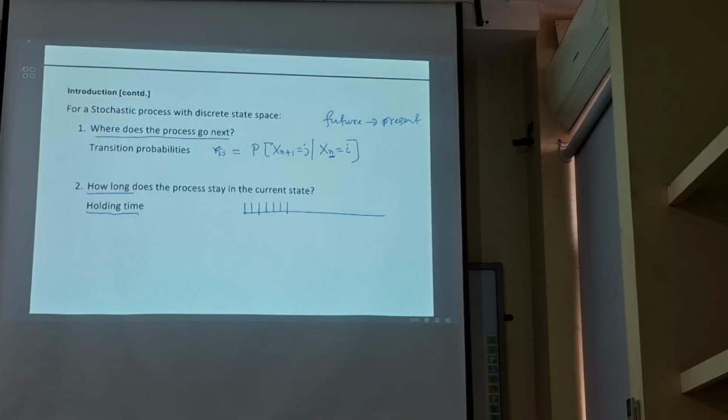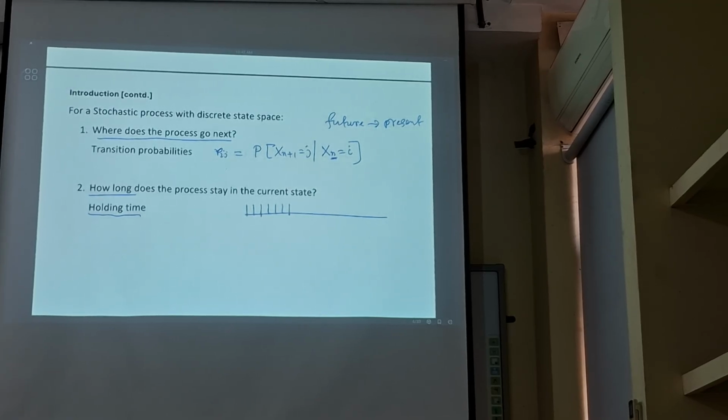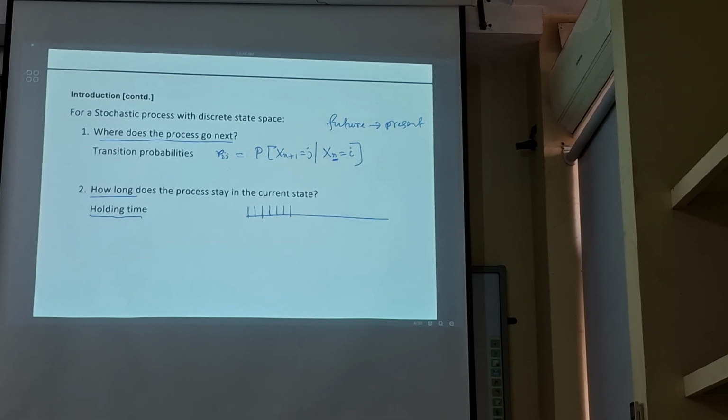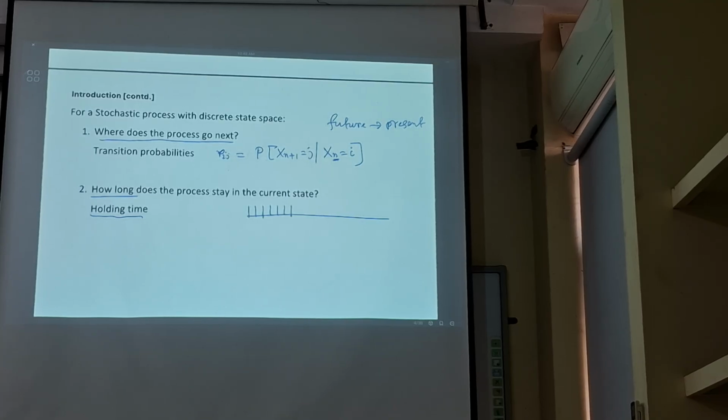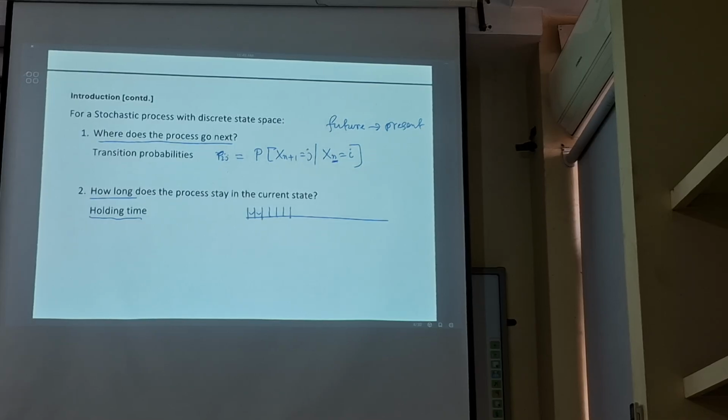And if there is a self-transition, then the probability of such a transition is the probability that the process will remain here, and 1 minus that probability is that the process will move to any of the other states. The number of intervals that the process will stay here is geometrically distributed with parameter 1 minus the self-transition probability. We discussed this.